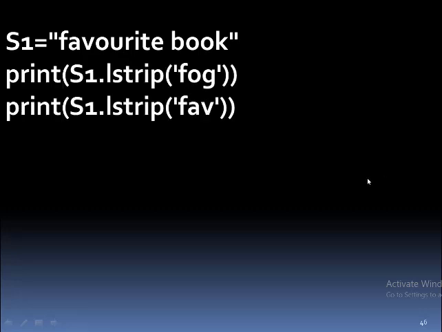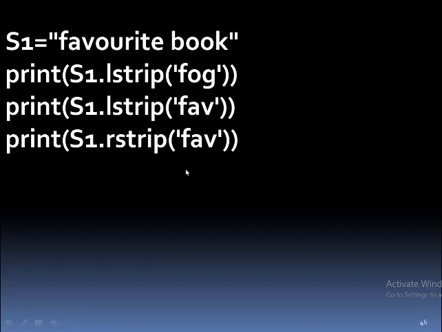More examples. If you have s1 is equal to favorite book, and you write s1.lstrip FOG, lstrip means it will look from the left hand side. FOG means what all characters it will take?